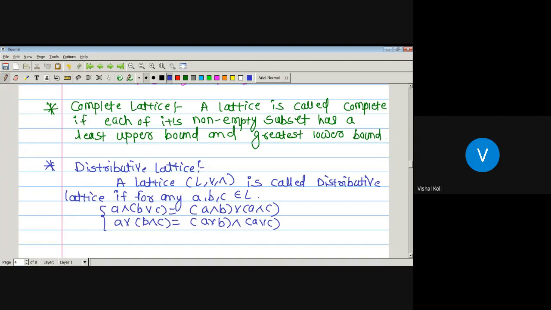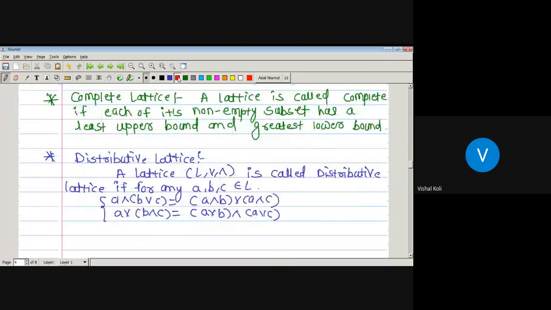Okay. Now the last concept, which is nothing but the modular lattice.